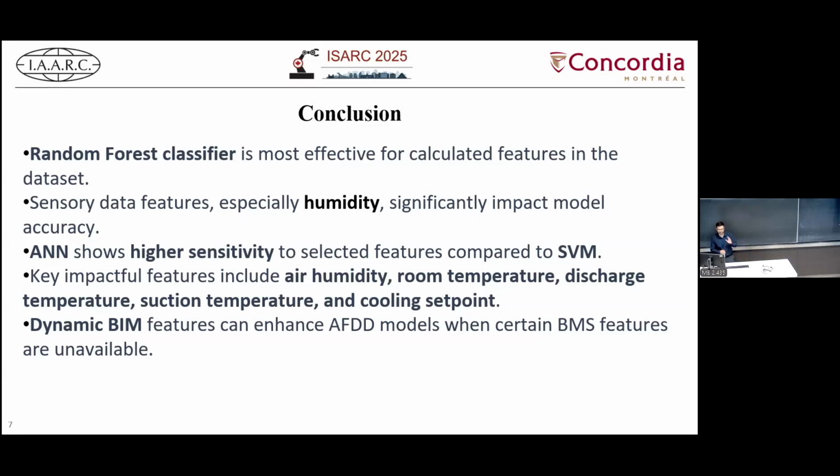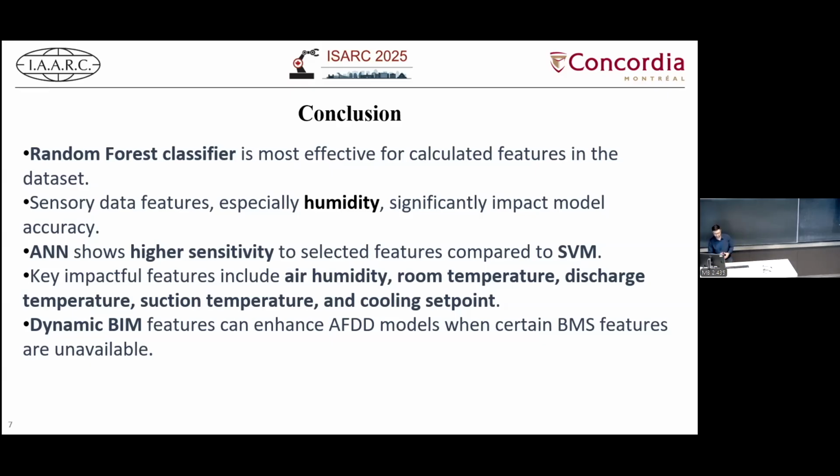As I mentioned already, artificial neural networks was the model that gained the most accuracy increase when we introduced our curated features to the data. The most impact we could find is from the air humidity, the room temperature, and the discharge temperature.